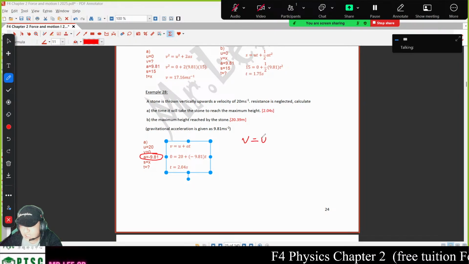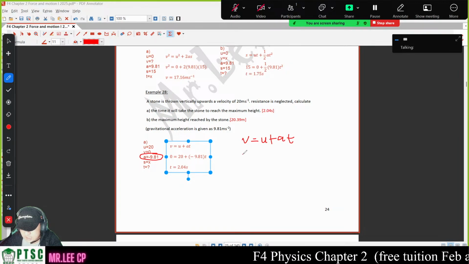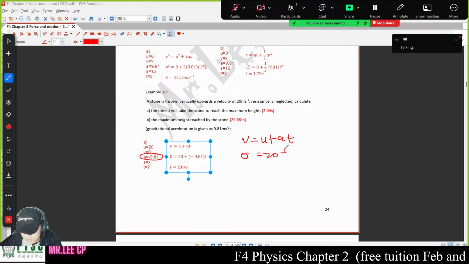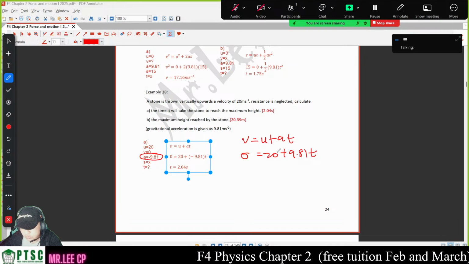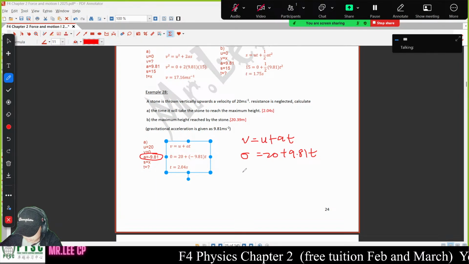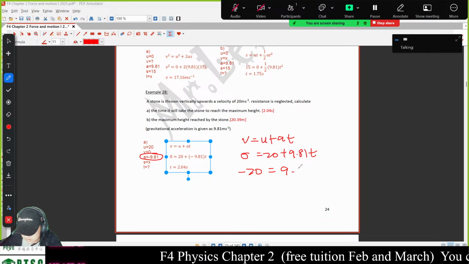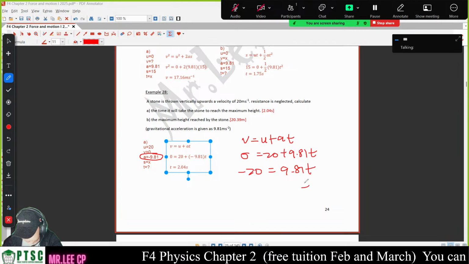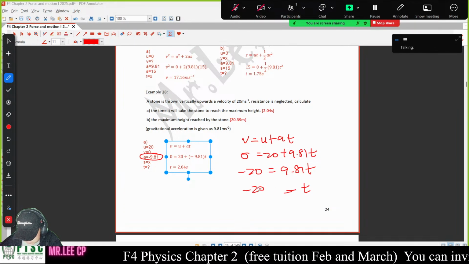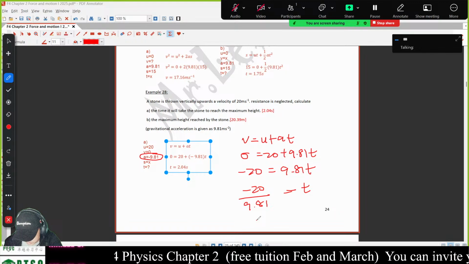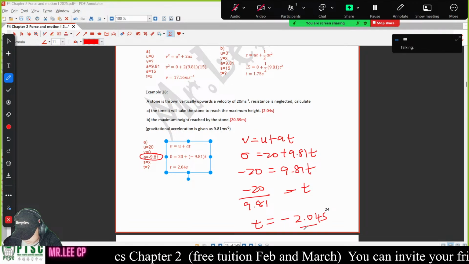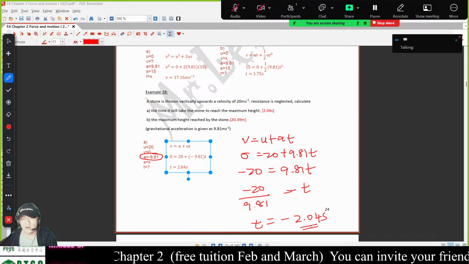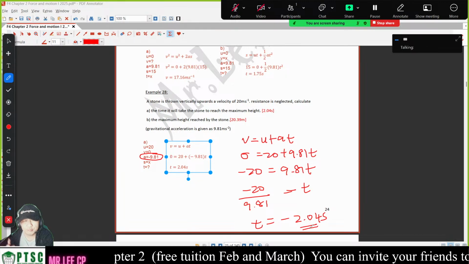Now, if you forgot to put the A as negative, what do we have? V is equal to U plus AT. V is 0. U is 20. A is 9.81. T you don't know. So you move the 20 to here. Negative 20 is equal to 9.81 T. T is equal to negative 20 divided by 9.81. T is equal to negative 2.04 seconds. How long does it take to go up?